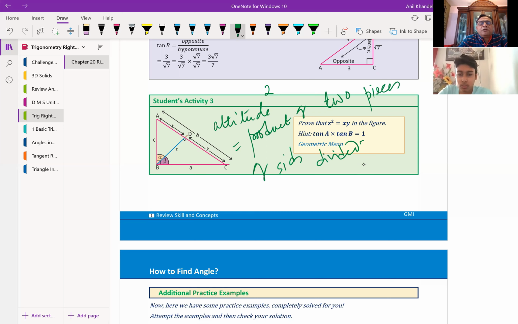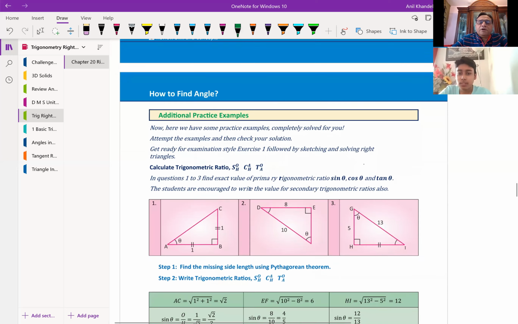So this altitude divides that side into two sides. Do you see that? Yes, sir. So the product of those two sides is the same as the length of the altitude squared. Is it okay? Yeah. So it's basically z equals the square root of xy, right, sir? Yes, z equals the square root of xy, which is the geometric mean. Is it okay? Yeah. Perfect.